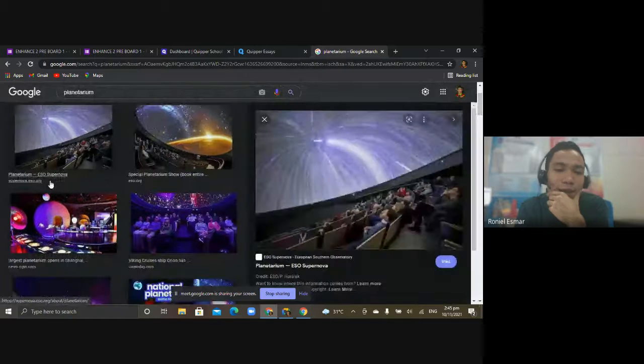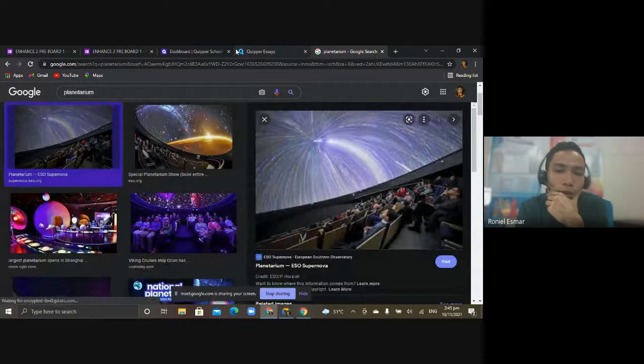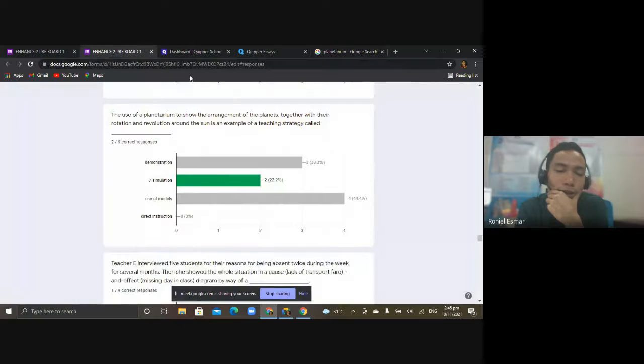This is an example of a planetarium. It's as if you are actually outside the planet Earth, where you see the movements of the planets, the rotation, the revolution, as if you were in a spaceship. That's an example of a planetarium.